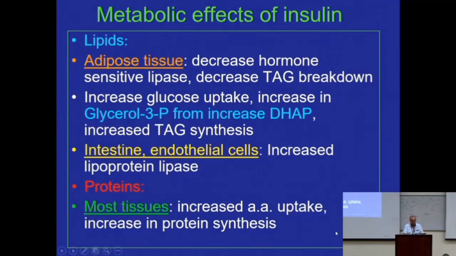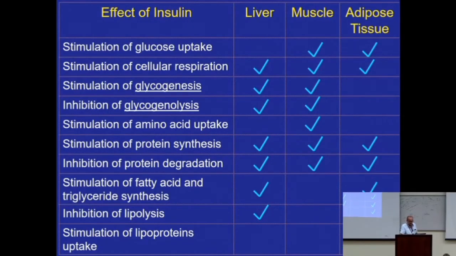Importantly, though, the muscle will use up a lot of those amino acids because of its mass. As I mentioned again, you have three things that are stimulated: glycogen synthesis, TAG synthesis, and protein synthesis, all by insulin.